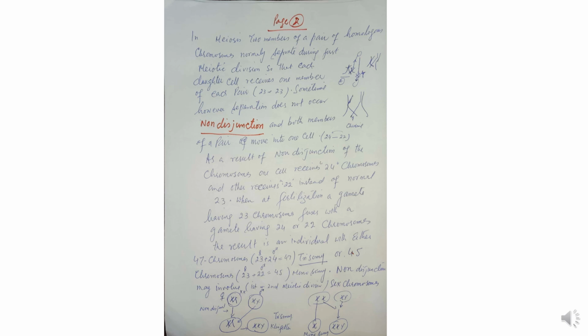Non-disjunction may involve the first and second meiotic division and also the sex chromosomes. If sex chromosome non-disjunction occurs, both pass to the daughter cell. If combined with Y, it becomes double X with Y, because it should be one X, but it is a double chromosome, 2X.